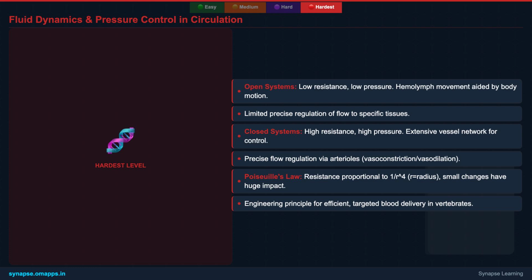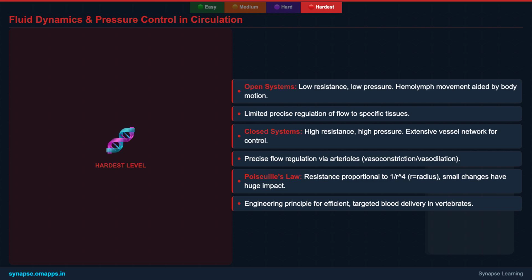This pressure is meticulously regulated by an extensive network of arterioles and precapillary sphincters, which can constrict or dilate. This allows for precise redirection of blood flow to meet the varying metabolic demands of different tissues. Here, Poiseuille's law becomes highly relevant. It states that resistance to flow is inversely proportional to the fourth power of the vessel's radius.